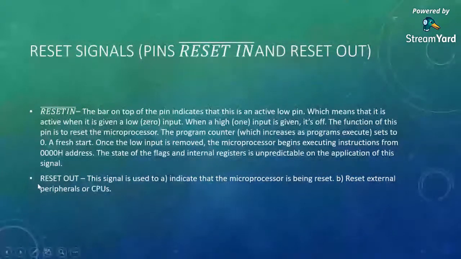So reset out is the signal used to indicate that the microprocessor is being reset, and it also resets external peripherals for the CPU. So when the CPU is connected with a peripheral, the reset out signal can be used as an indicator for the other peripheral.